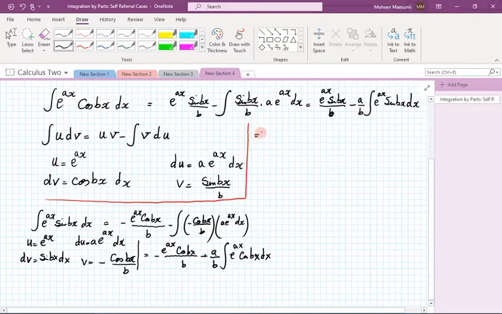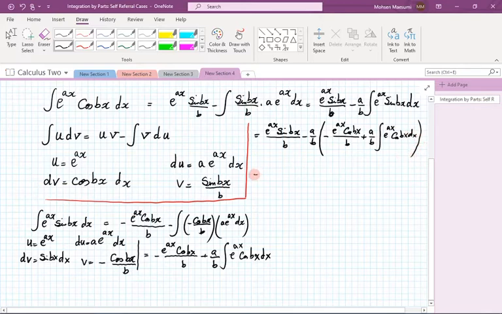So I go ahead and rewrite this thing again, exponential of ax sine of bx over b. Then I have minus a over b of this. That integral is this. So I'm going to write it. It's minus exponential of ax cosine bx over b plus a over b integral of exponential of ax cosine bx dx.